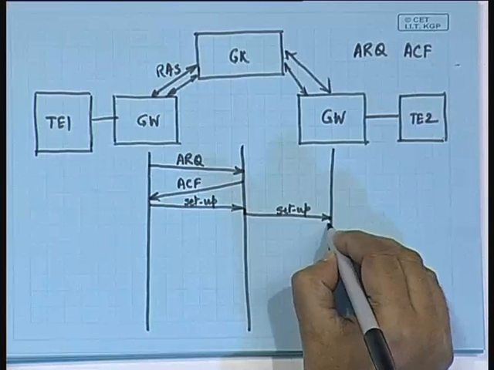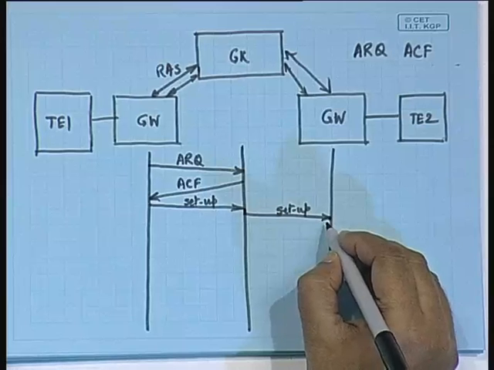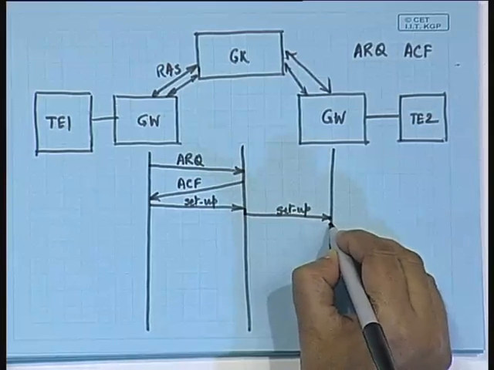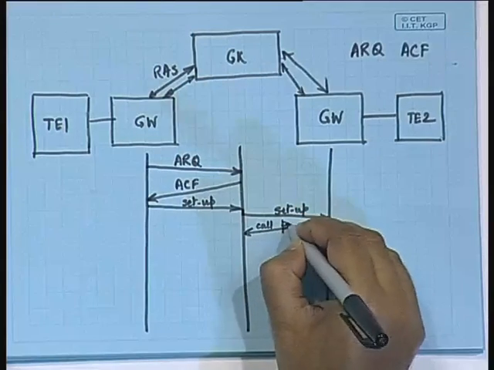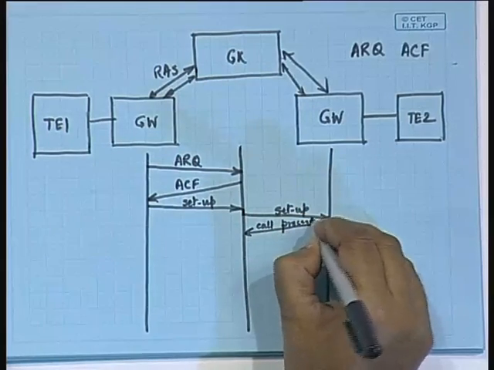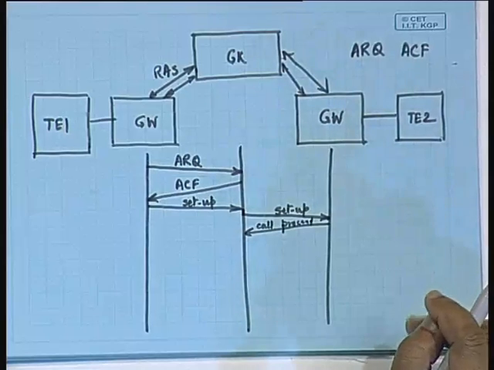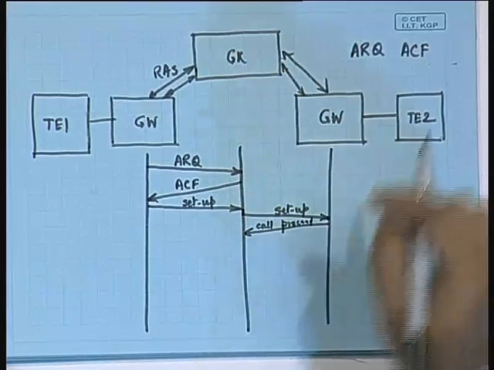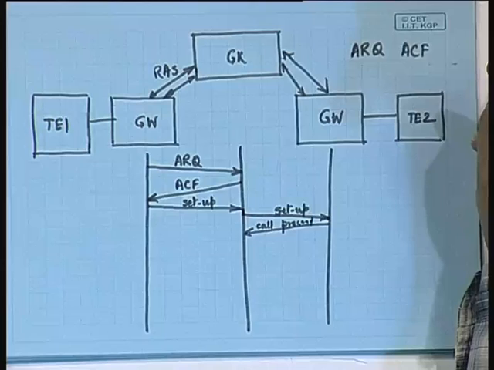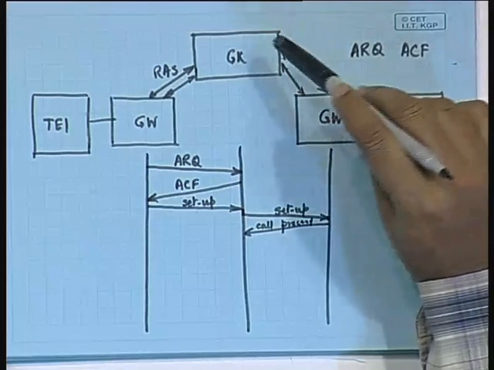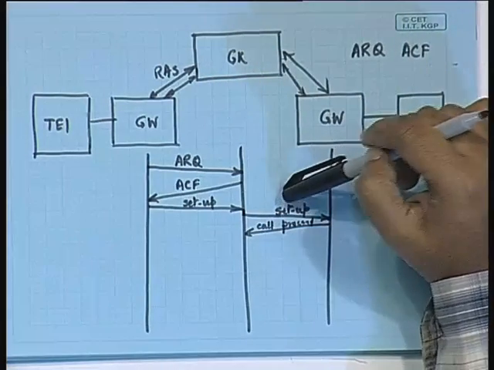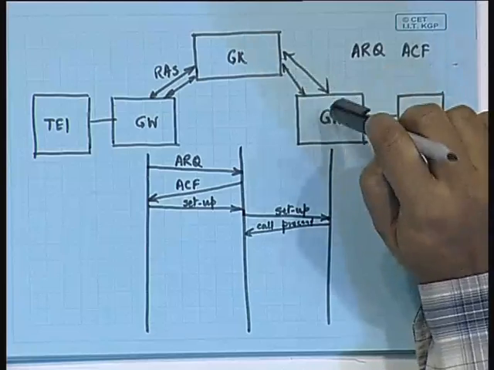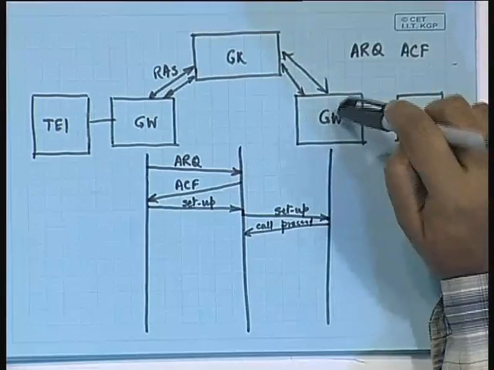So, now when the loop close is detected, the setup would be responded to by call proceeding. So, this is where we will be having the call proceeding as before. Now, you should expect that the alerting should be there, but mind you that the gatekeeper, although it has sent the setup signal, has not yet admitted this terminal equipment or this gateway.